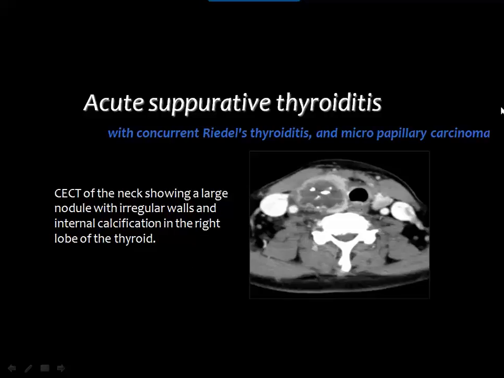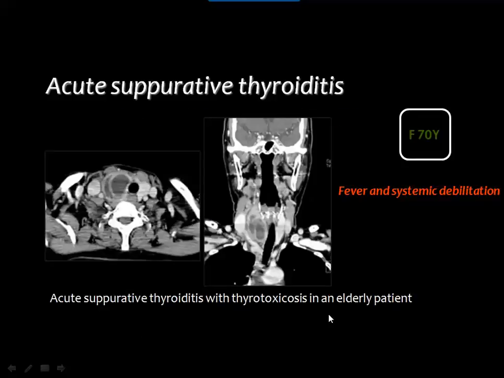Then you reach all these diagnoses by the fine needle aspiration cytology. This patient with fever and systemic debilitation, and you see an abscess-like lesion in the right thyroid lobe showing central fluid hypodensity with uniform thickened enhanced margin.